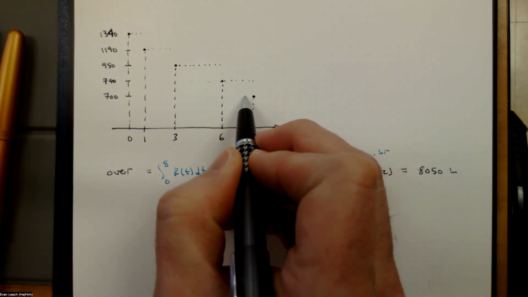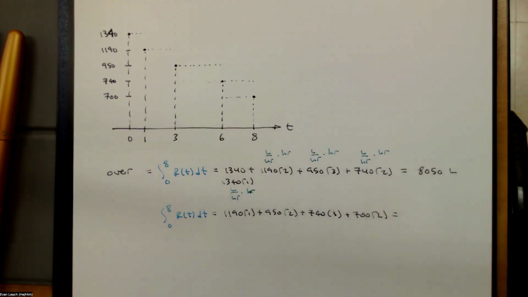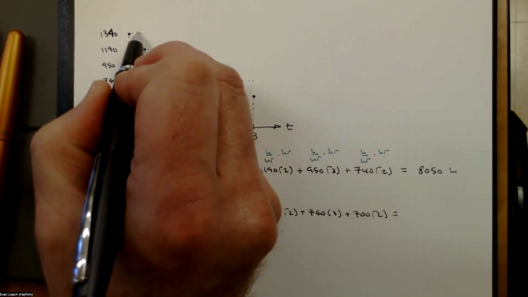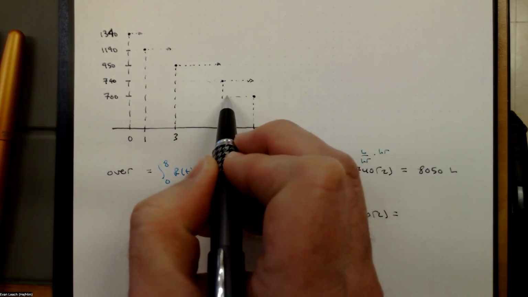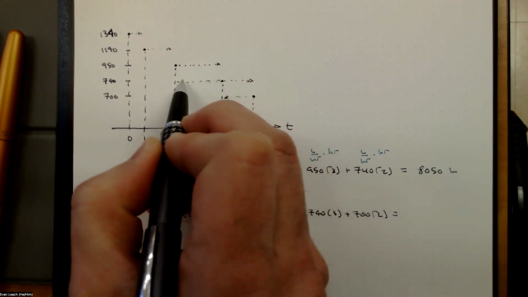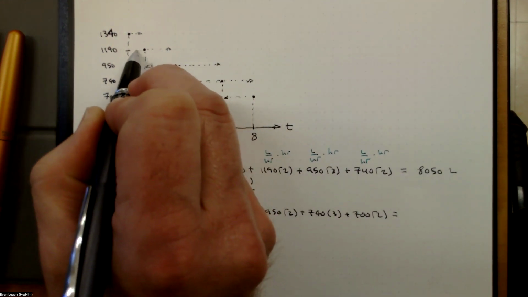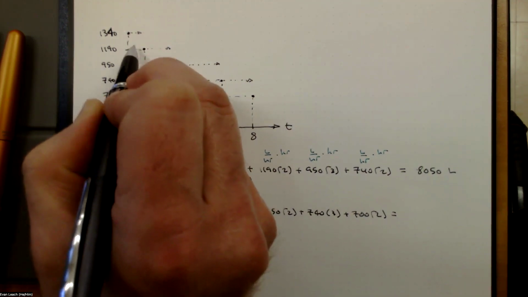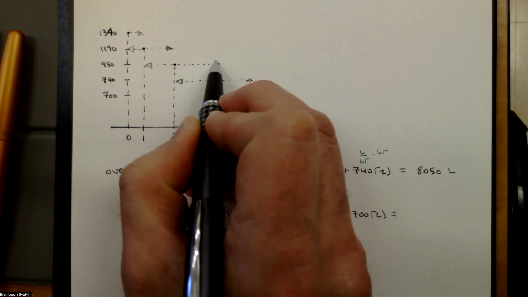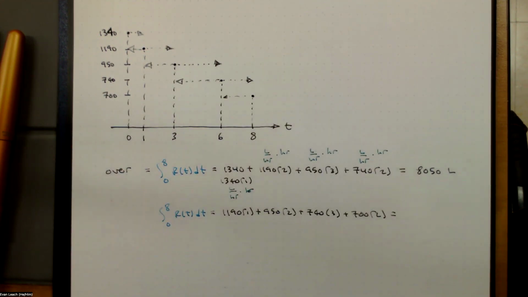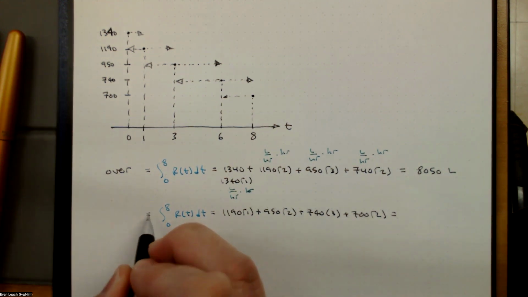And then use this 700 for the last 2 hours. So largest value for our overestimate, smallest value for our underestimate. And this will give us an underestimate.